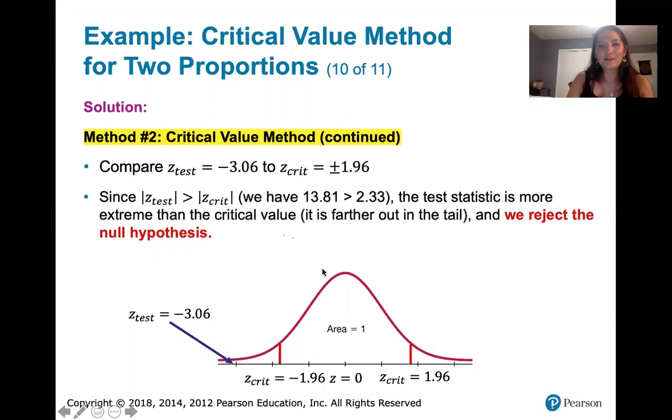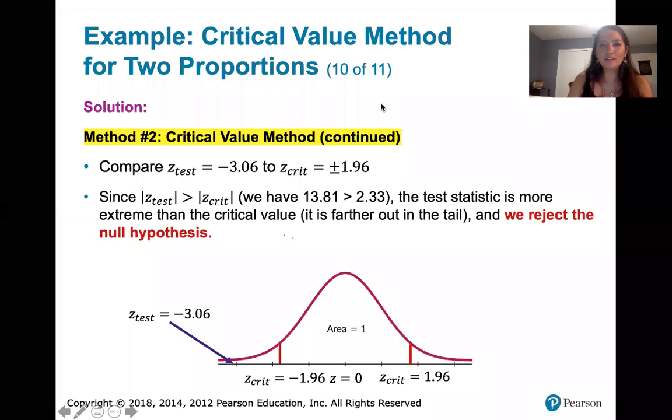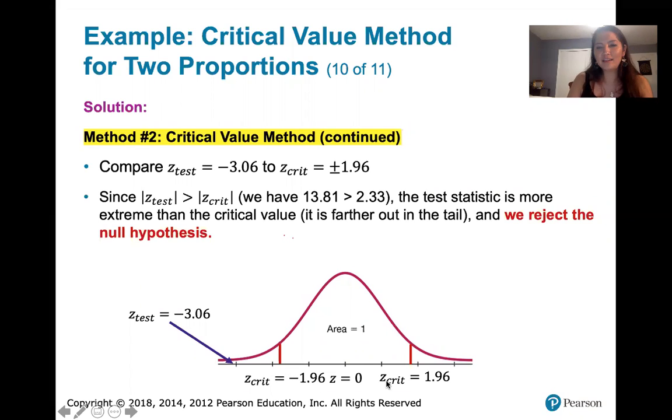Okay, so I've graphed this for us here. I just wanted you to see that if my critical values are negative 1.96 and positive 1.96, our critical regions are this region up here in that tail, and this region over here in this tail. So when we're looking at the absolute value of the test statistic and the absolute value of the critical value, what we're really asking ourselves is: is the test statistic farther from 0 than that critical value is?